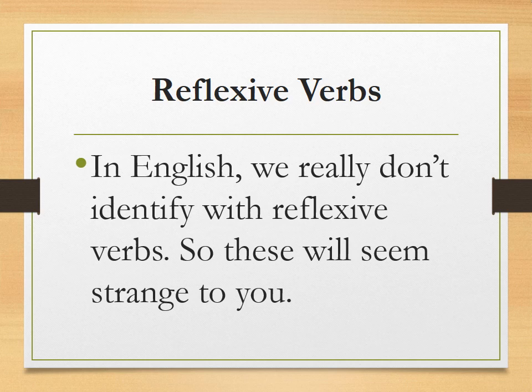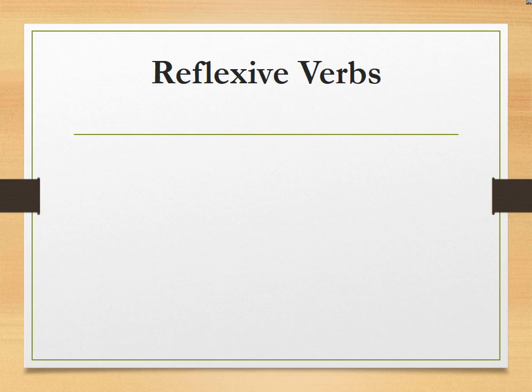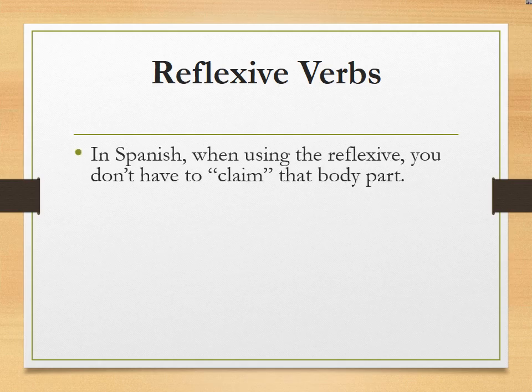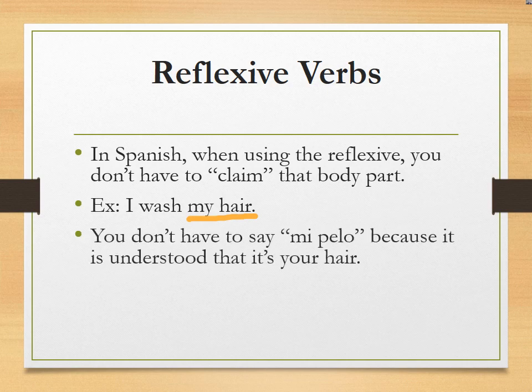Like I mentioned before, in English we don't have this really, so it's kind of difficult to talk about reflexives in Spanish. When using reflexive verbs in Spanish, you don't have to claim that body part. For example, in English I say I wash my hair. Well, in Spanish, because you have the me, I say me lavo, I wash myself.